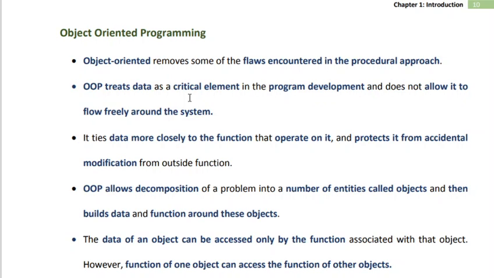So if some other external object wants a business to be performed by a particular object, then a request message is sent by the sender object to the receiver object. The receiver object performs the operation and returns the result to the sender object.